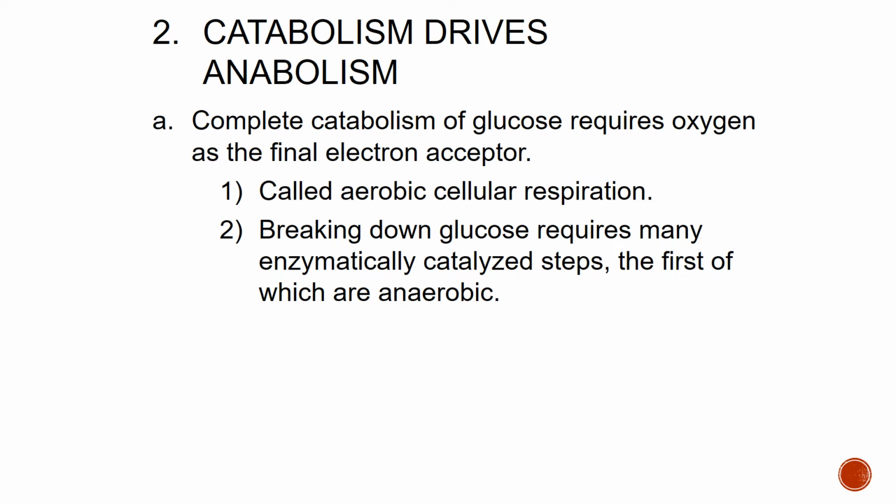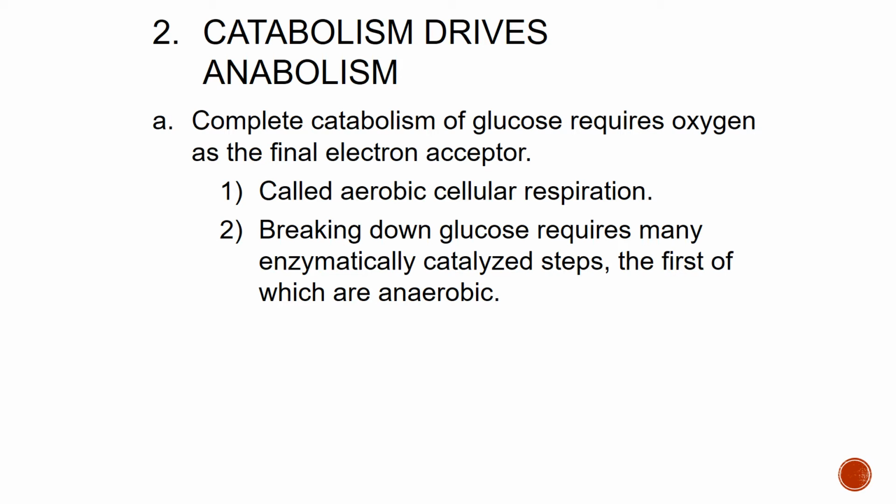In order for us to have catabolism of glucose, that requires oxygen as the final electron acceptor. This is called aerobic cellular respiration. Breaking down of glucose requires many steps, and the first of which are anaerobic, and this is the first topic that we'll cover with glycolysis.